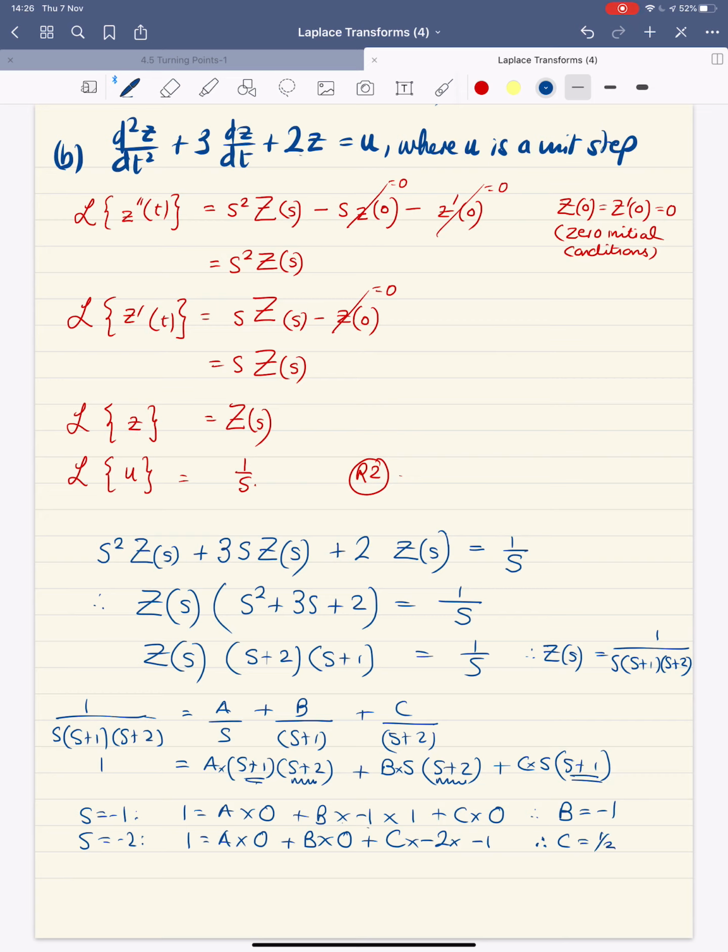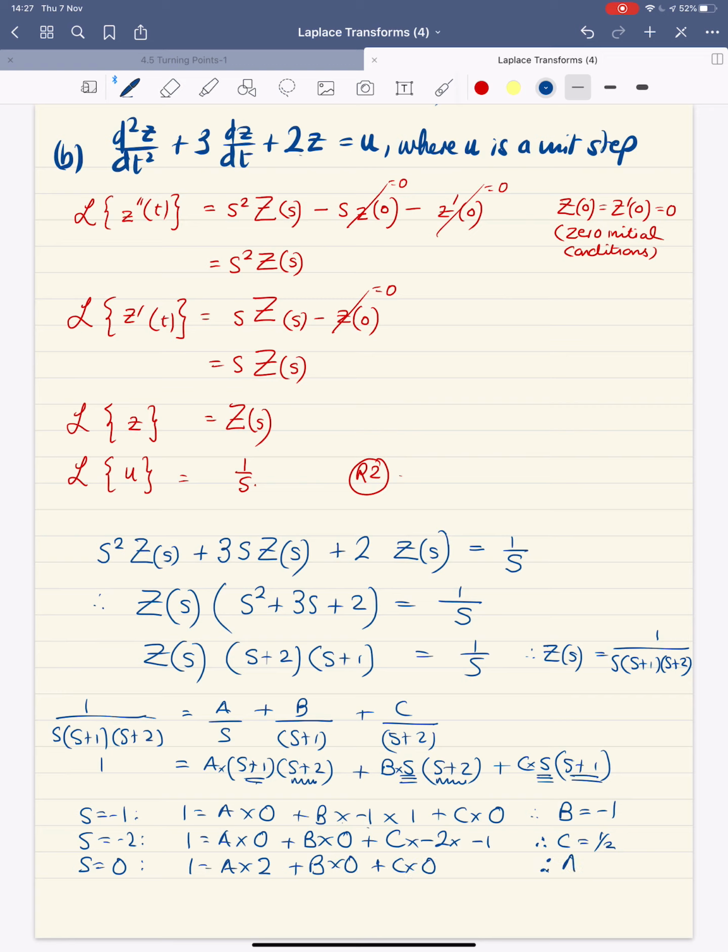And then the last one, let s equal 0. And you get 1 is A times, when you put 0 in there, 1 times 2 is 2. And the other two are both equal to 0 now: B times 0, C times 0.